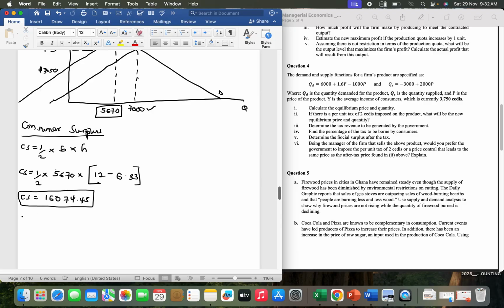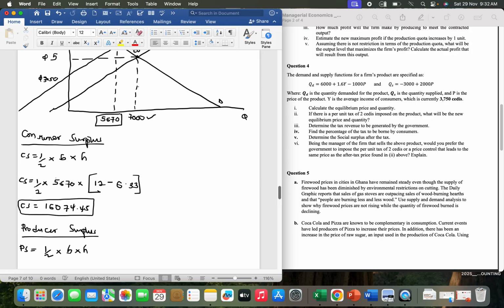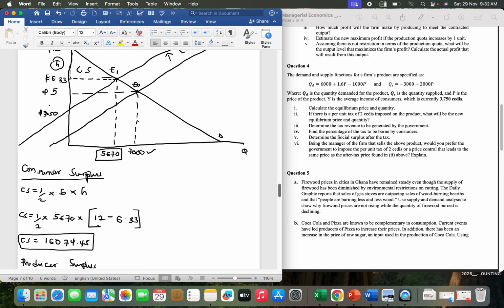So now let's find the producer surplus too. For producer surplus, the same formula, half times base times height. Now we know the initial equilibrium price was 5. The new price gave us 6.33. So this is what the consumers are going to pay.